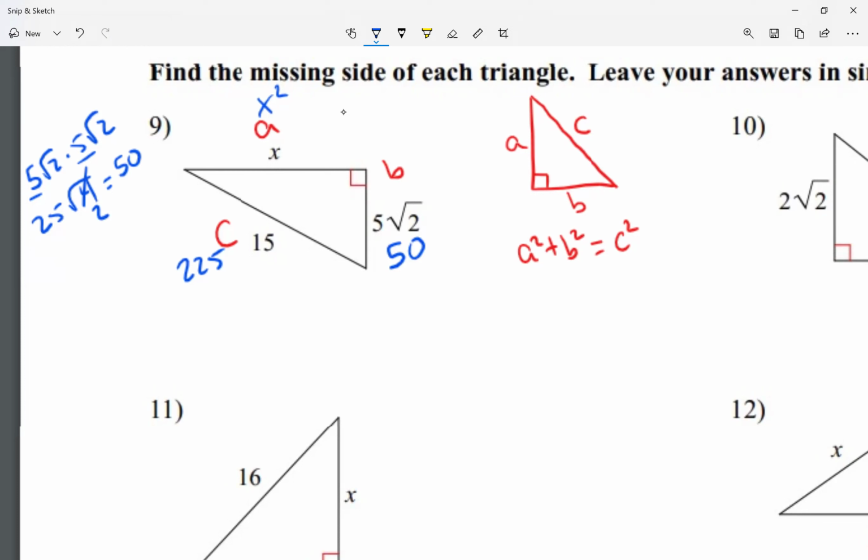Notice how I squared each of my measurements. I did a squared, b squared, and c squared. And I remember my formula. I see it there on my screen. A squared plus b squared is equal to c squared. So let me write this as x squared plus 50 is equal to 225.